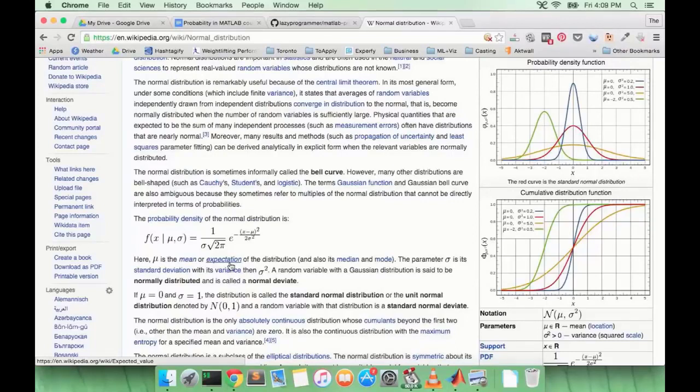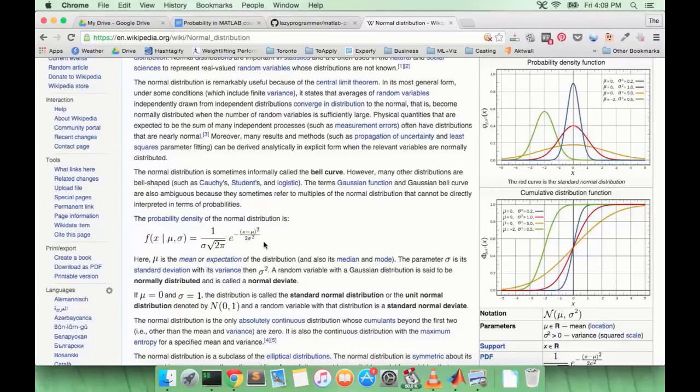So sigma squared is the variance and sigma is the standard deviation. The second part of the PDF is this exponential. We take the negative of x minus the mean, which we denote by mu, square that, divided by 2 sigma squared, or 2 times the variance, and then we exponentiate that.